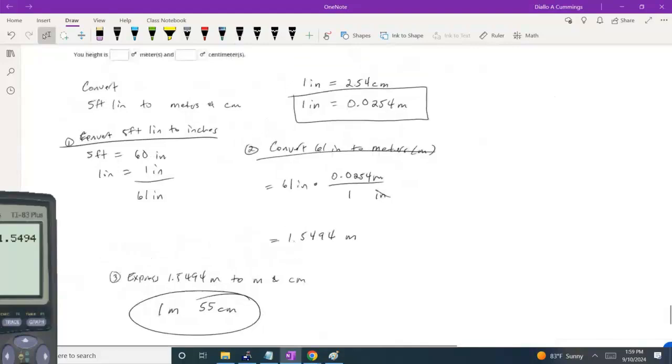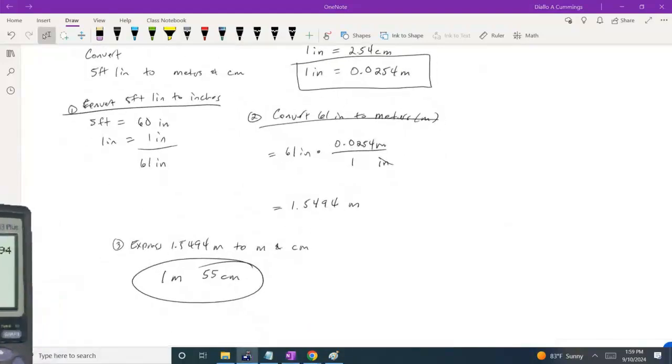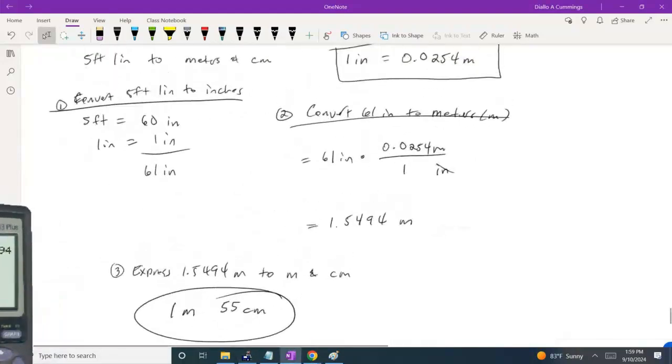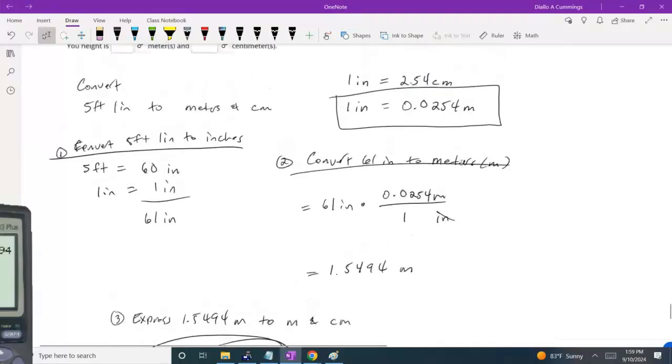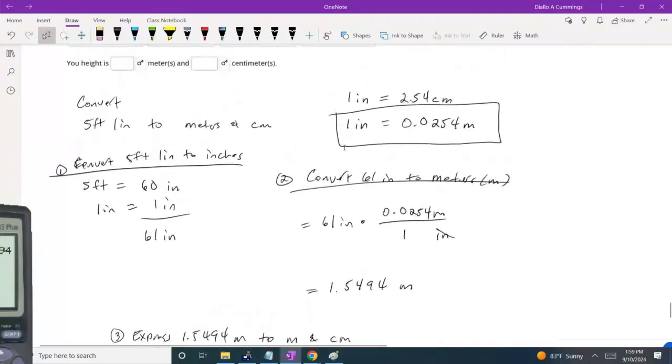All right, if I shrink back down on this, we had to convert 5 feet, 1 inches to inches, so we got 61 inches. Then we converted 61 inches to meters. We had to finesse the conversion a little bit.